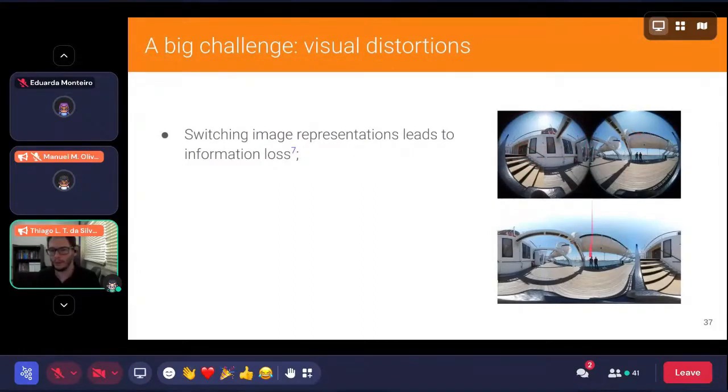And when we move to this equirectangular representation, we have some kind of loss of information, right? Here we have an overlapping region. I'm not sure if it's clear to you, but for example, we have the stairs here in both images, and at the end we have one stair.